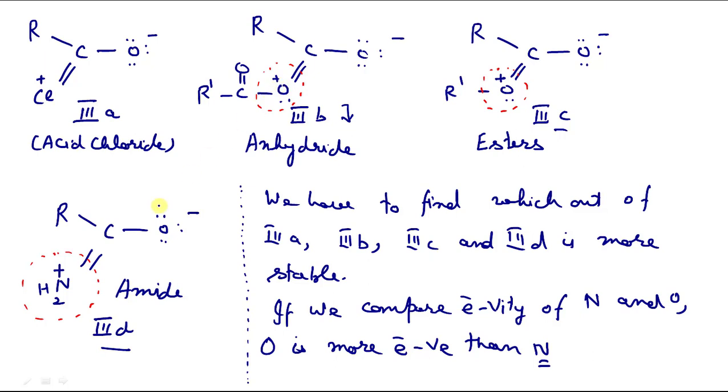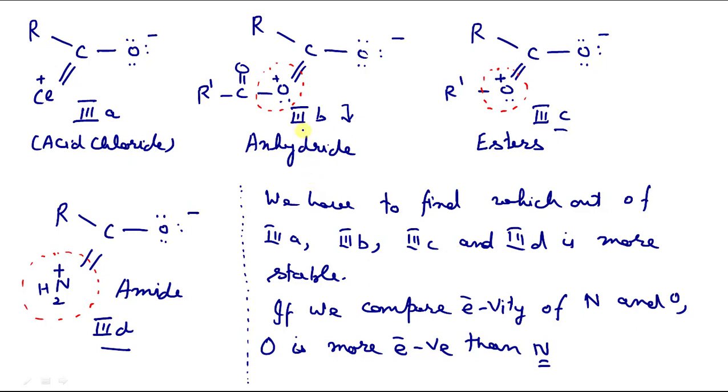We are discussing relative stabilities, so all these have a positive charge on an electronegative atom. But as we have to compare which of these three is more stable, oxygen being more electronegative than nitrogen, we know from the basics of resonance that if a positive charge is present on a more electronegative atom, then it leads to instability.